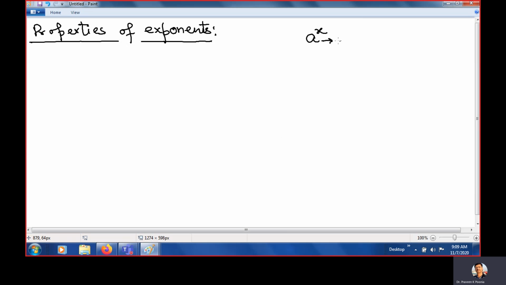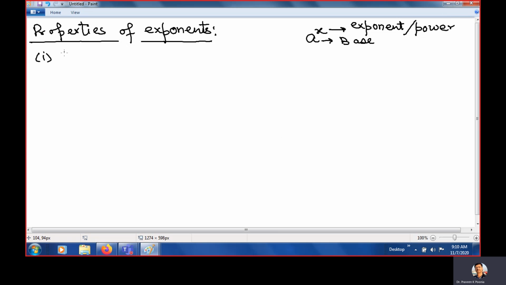What is this a called? A is called the base. What is this x called? It is called the exponent. And in general, we call it power. A power x. Clear? So x is the exponent, a is the base.